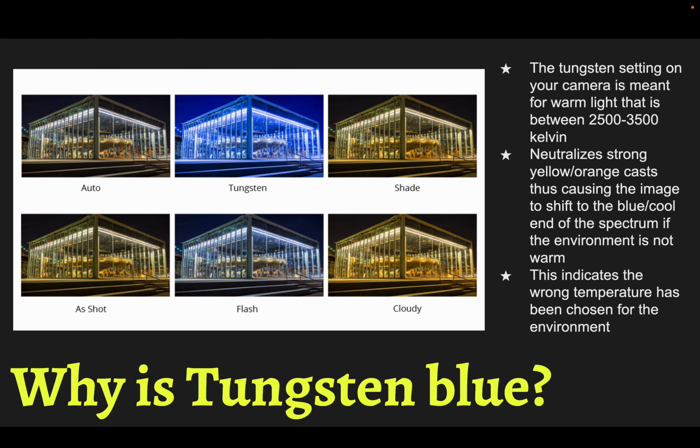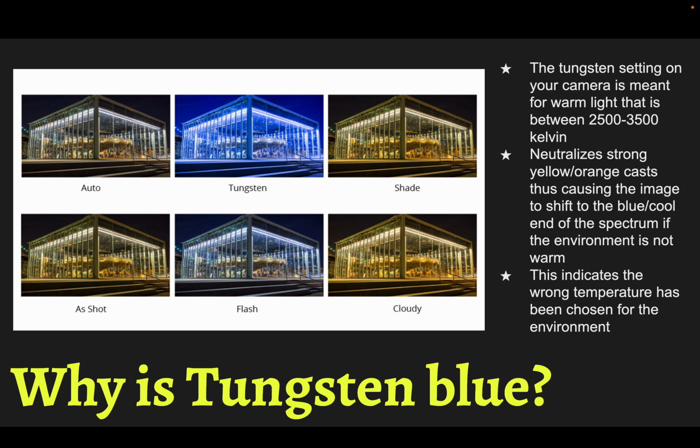So a question to answer here is, why is tungsten blue? So in the next few examples, including this one, you'll notice that tungsten specifically will look really, really blue in certain images. And it's really strange because tungsten is supposed to correct warm light because tungsten is warm light.